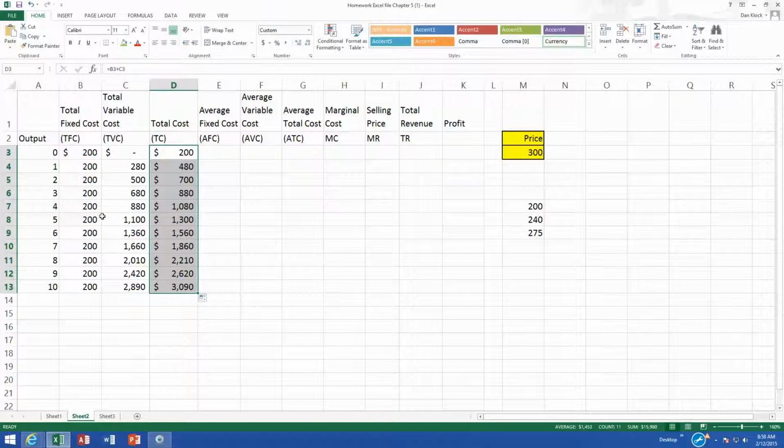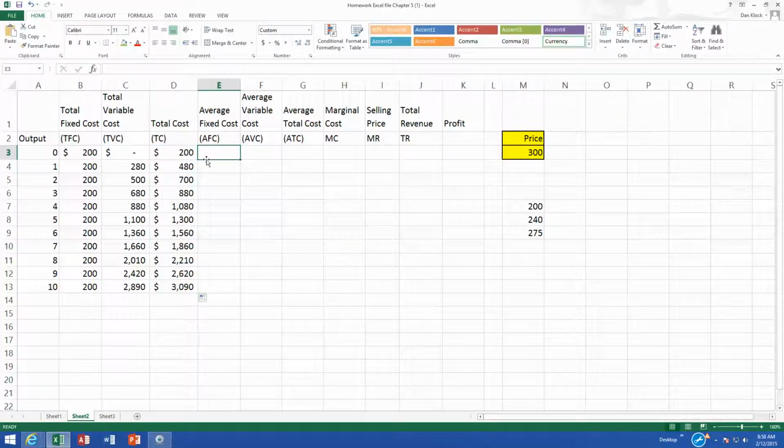So basically, we want to figure out what's our profit maximizing output for the individual firm. And are we making a profit? Are we doing a loss? Should we shut down or should we keep going? Are some of the things we're going to examine here. So the average fixed cost, as the textbook said, is basically my fixed cost divided by the output, right? So at 0 output, I'm going to take the 200 divided by 0.